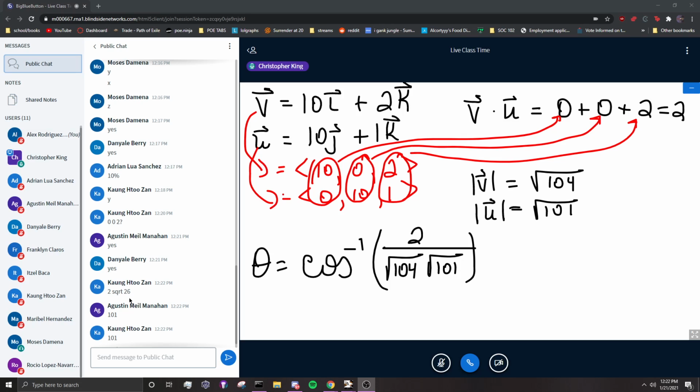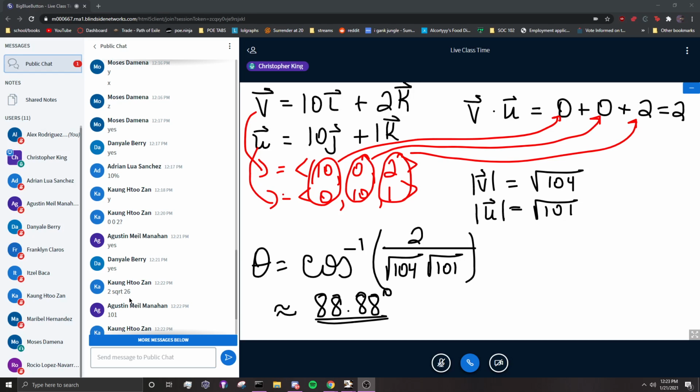Now in this particular problem, since it's an application, it makes more sense to do it in degrees instead of radians. Okay, so if you do this calculation, what value do you get? Yes, you're going to get 88.88 degrees. So that is the angle.